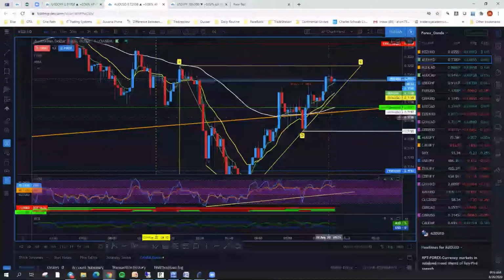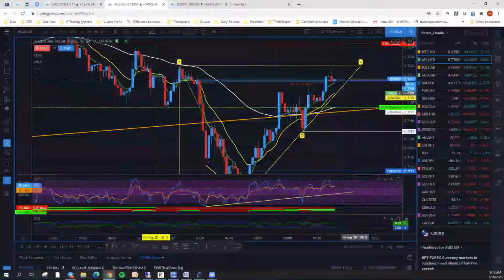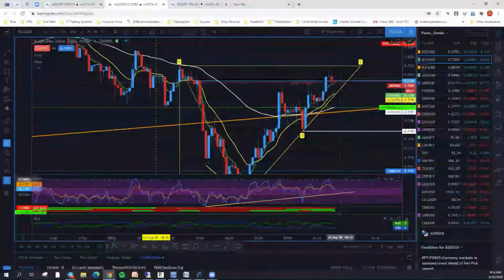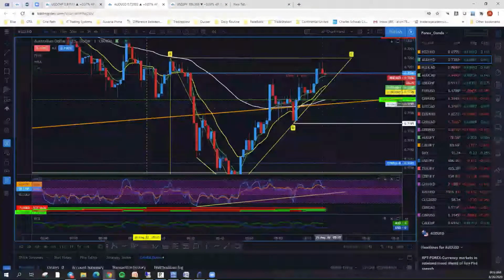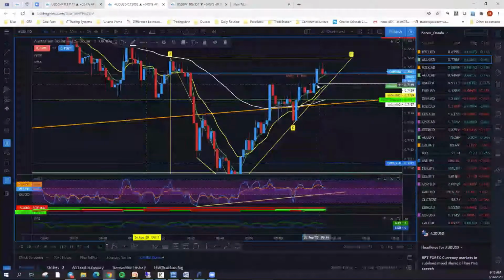Still showing some strength. This little red candle, we had this, it came back, hooked, didn't even hook down, hooked above the 60. Let's see if it's going to come up and bring it on up again. Right now I wanted to respect this candle right here.